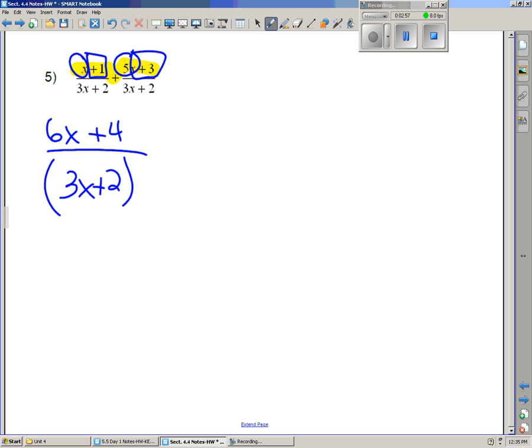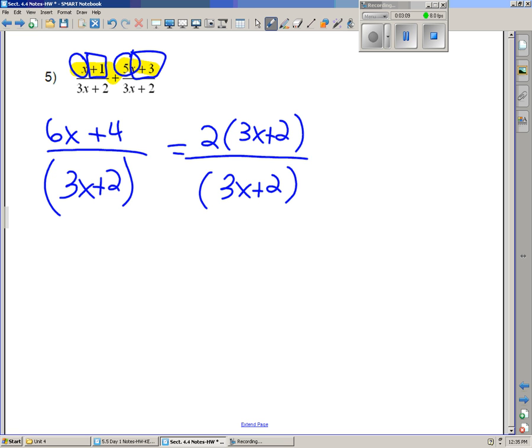Well, you can factor that numerator by a GCF, and the GCF is a 2. What's left over is 3x plus 2 over your denominator. Your denominator is a like term with that GCF factor up there. And this answer happens to also be 2.